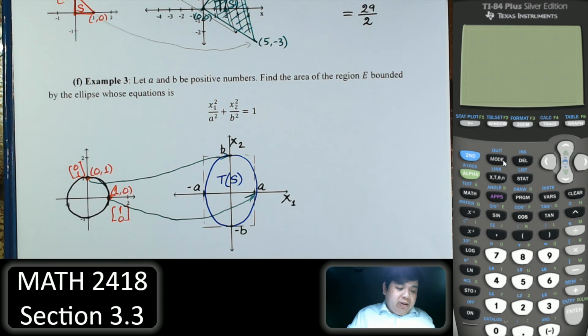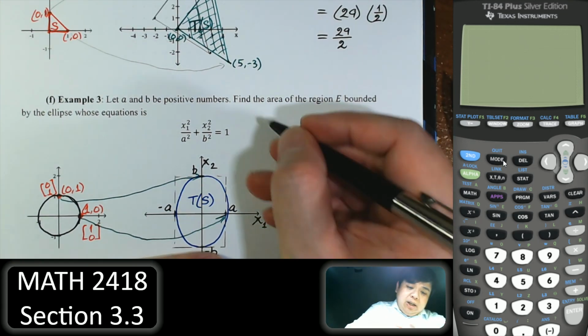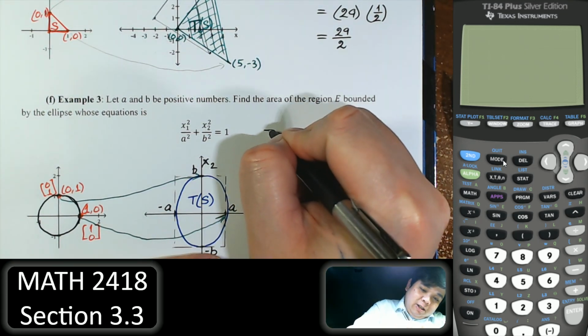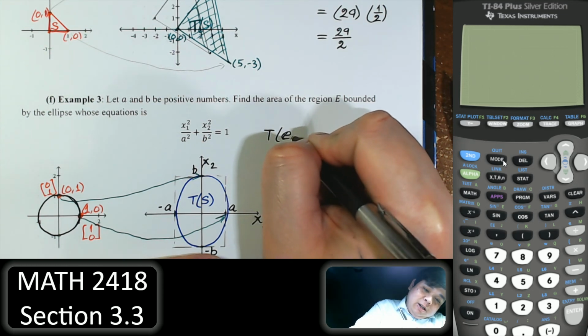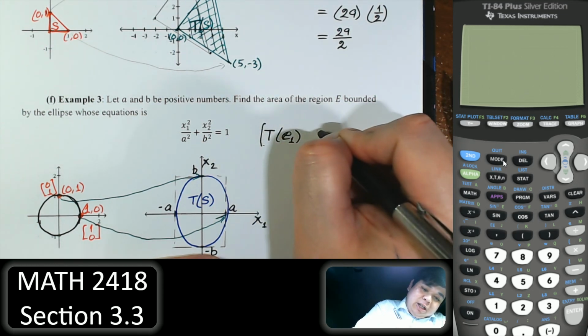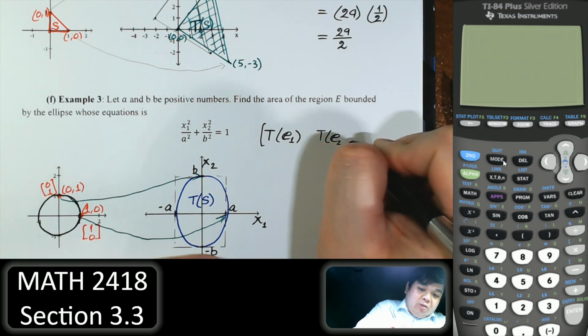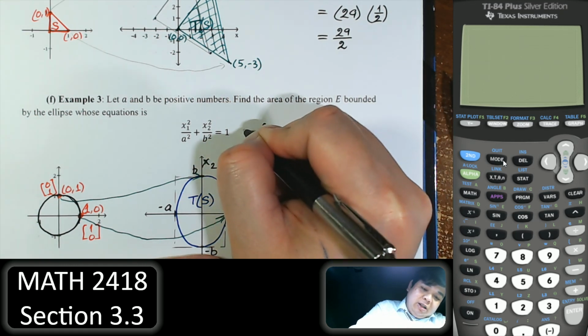So what we map is, what we say is T of e1 and T of e2, that will give us the matrix transformation, right?